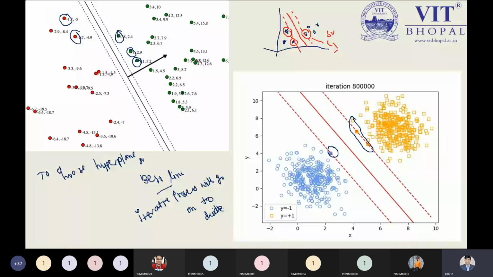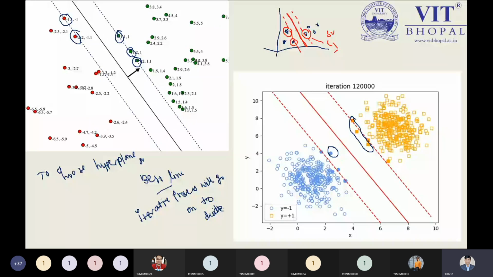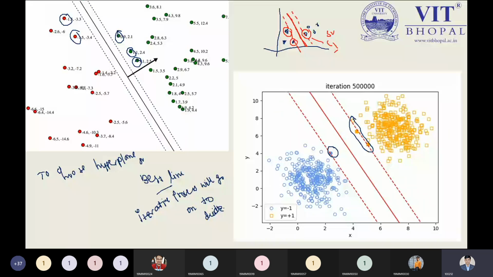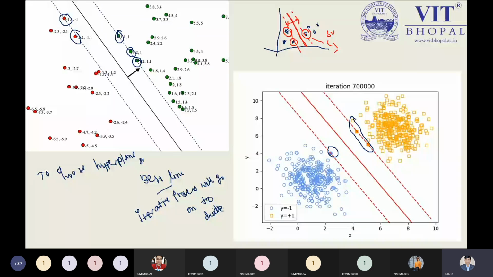So this is the hyperplane, and that is our line which adjusts this dotted line for margin purposes. The distance between these points is known as the distance margin or maximum space.